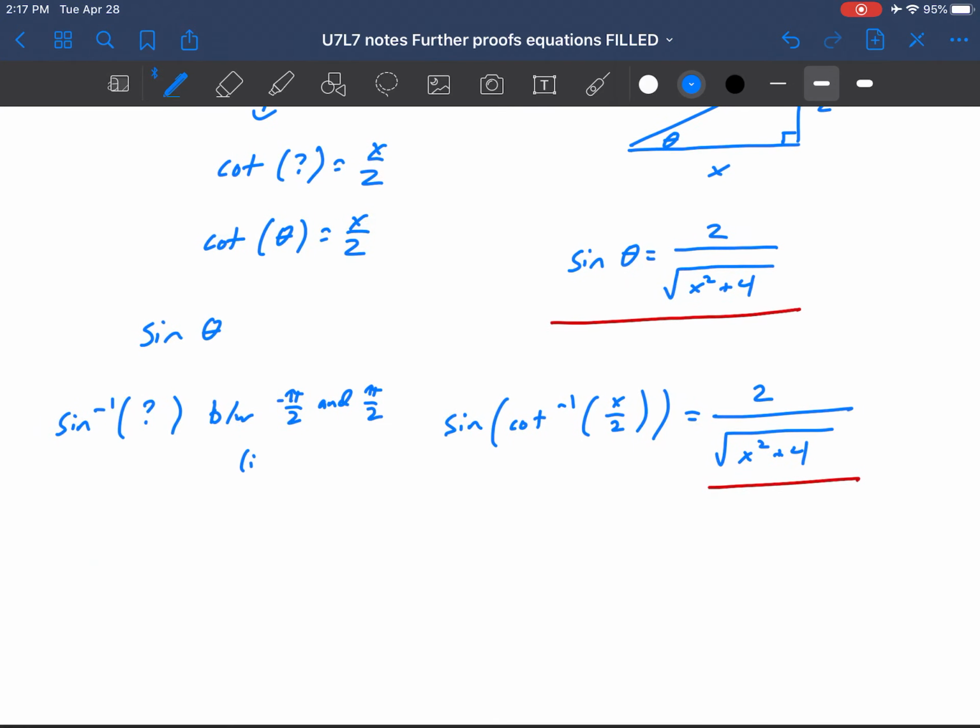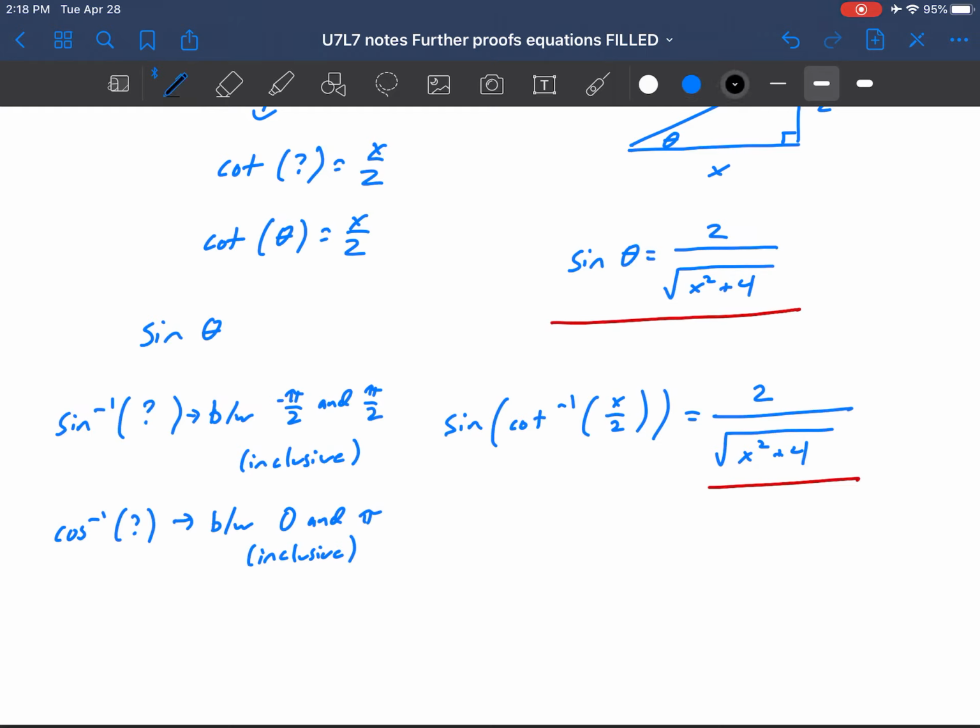So it includes those two endpoints. Cosine inverse of something is always going to give an answer between 0 and pi, also inclusive.